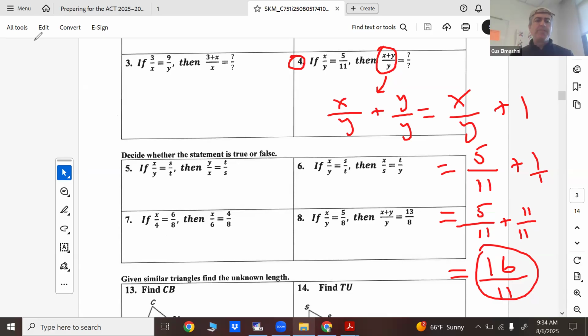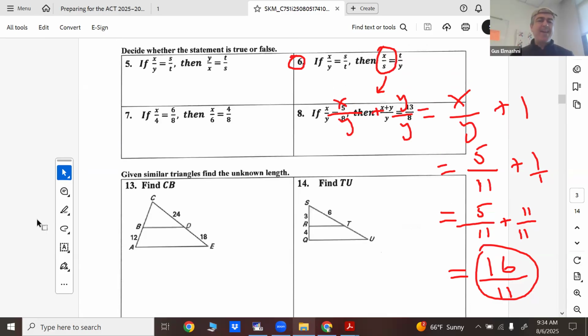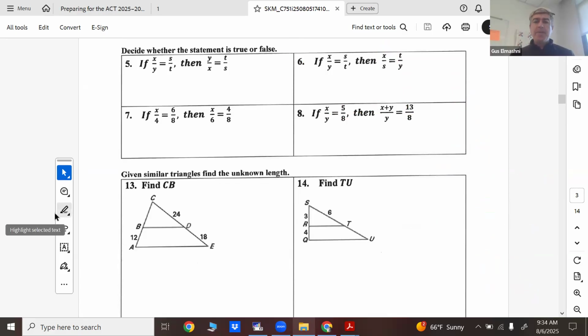It's a little bit advanced, but I want you guys to see that because I think it's important for you to see it. Number 6, is that a true statement? I would actually cross multiply first. And then divide by s.